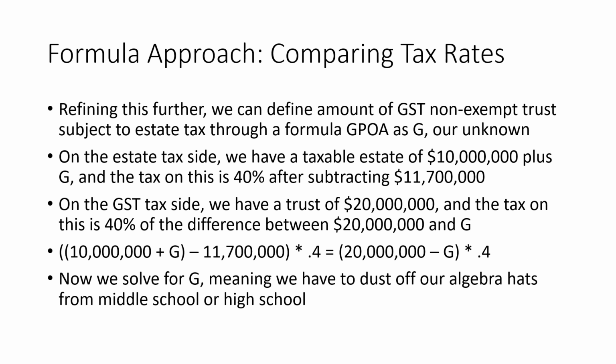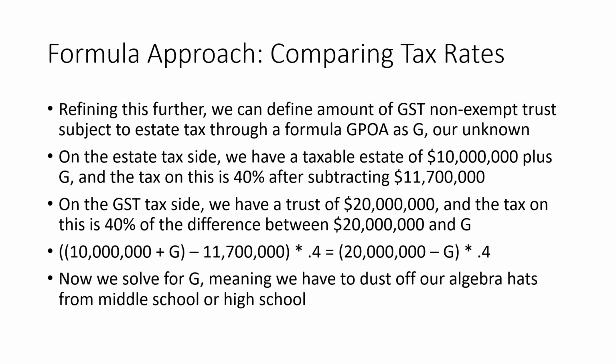So we have to dust off our algebra hats from middle school or high school and solve for some unknown. In this example, our unknown we're going to label as G. That's the amount of the GST non-exempt trust that's subject to estate tax through the formula general power of appointment.